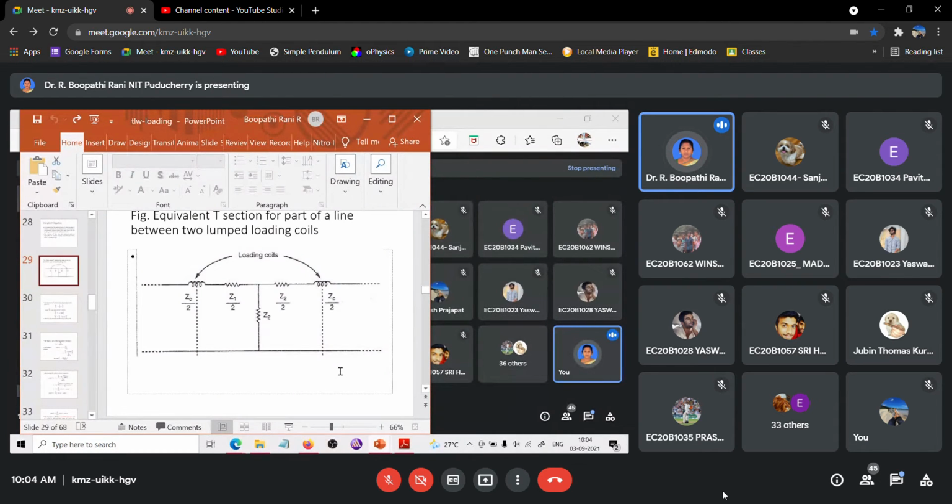No one has completed it. So in one class we derived the T equivalent. Do you remember that? Yes, ma'am. So we derived the T equivalent of a transmission line, and if you have not solved for the pi equivalent, you try that.